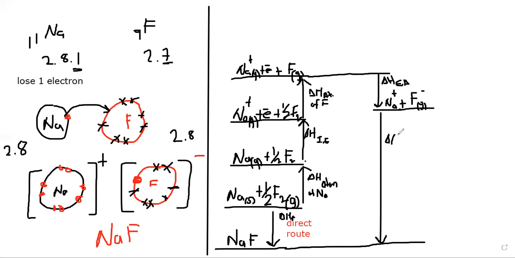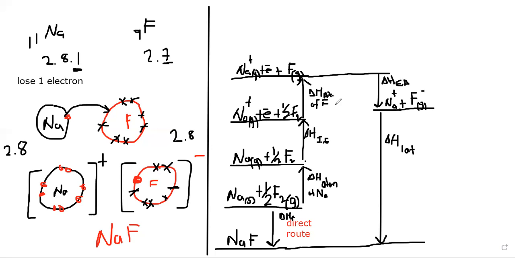So the energy associated with this is the lattice enthalpy. I'm just going to put LAT, delta H, that's for enthalpy change. All right. Now, all of these processes have a certain number associated with them. So we will do a simple calculation, but I will leave that, as I said, for our next video. So this is the Born-Haber cycle showing the formation of sodium fluoride.